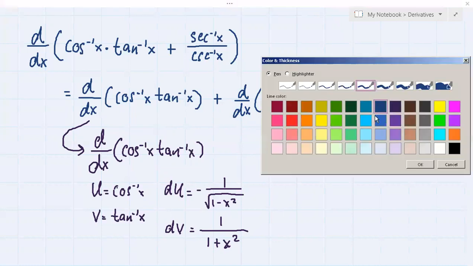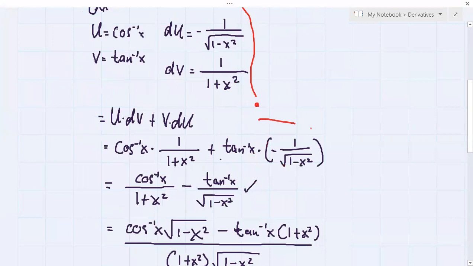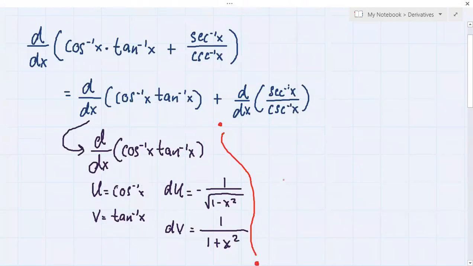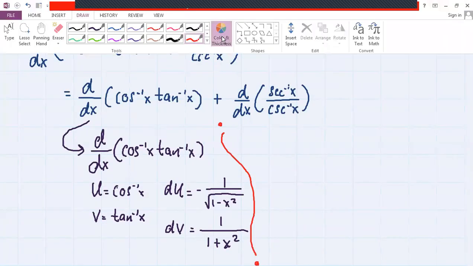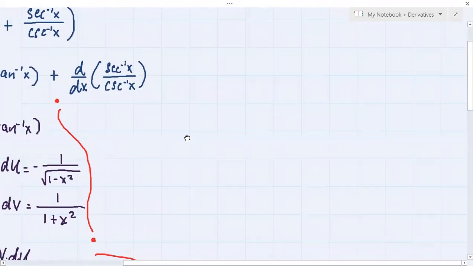So, I'm gonna put some space here kasi I'm going to use the solution on the right side. So, I'm gonna put a border muna for a moment. Ayan. So now, let's get the derivative ng arcsecant all over arccosecant. Okay? So we will use this color. And let's begin.